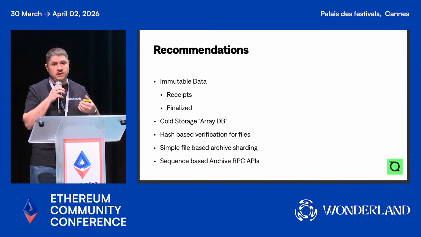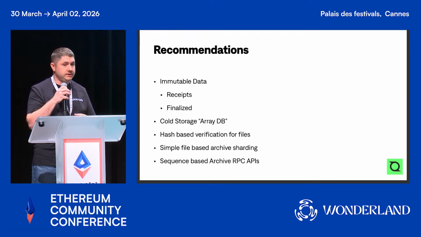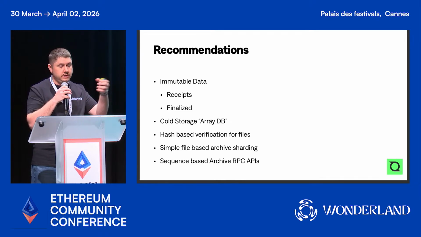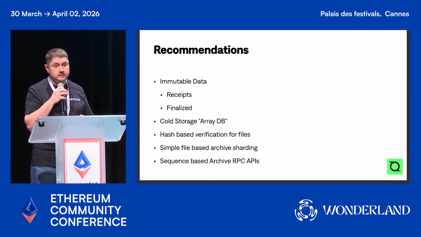So creating APIs that allow users to iterate over the information instead of randomly accessing it is going to be important when you have an infinite amount of data, and making RPC APIs to match that is going to be useful.